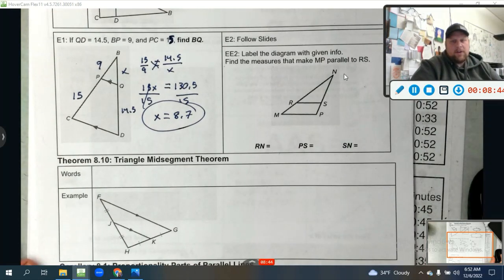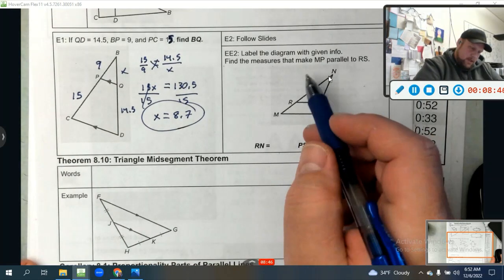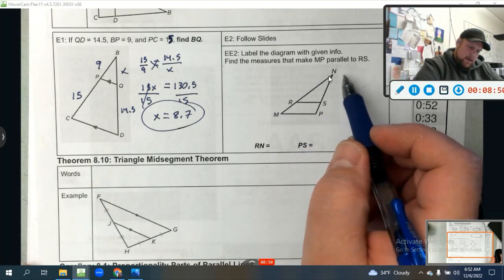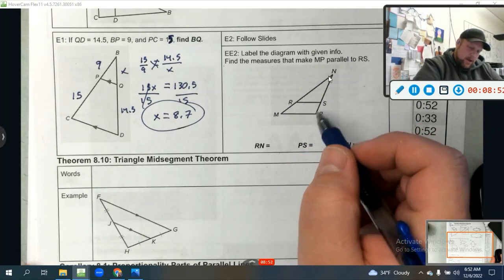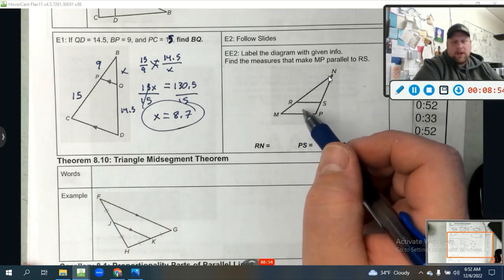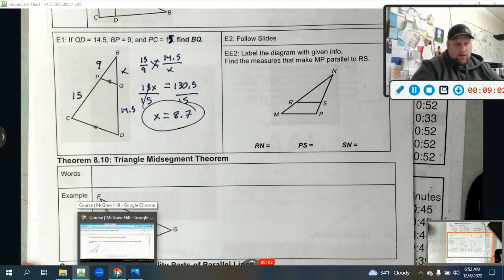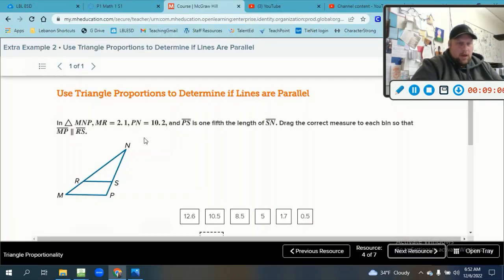Oh, this one right here, label a diagram with given information. Find the measures that will make MP parallel to RS. So we want to set up the proportionality that will then say these are parallel. MR is 2.1, so label that on your paper.